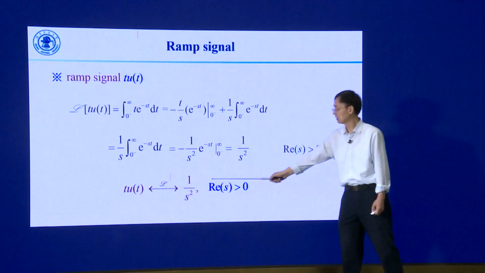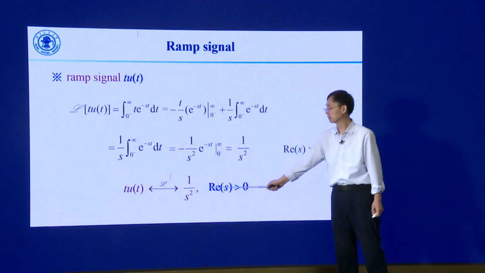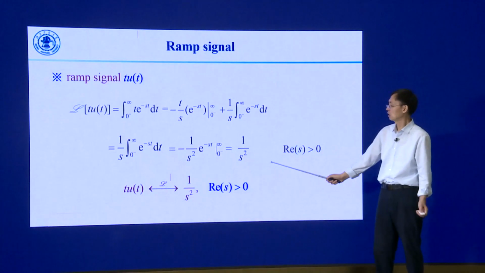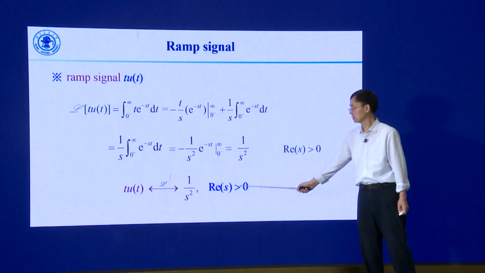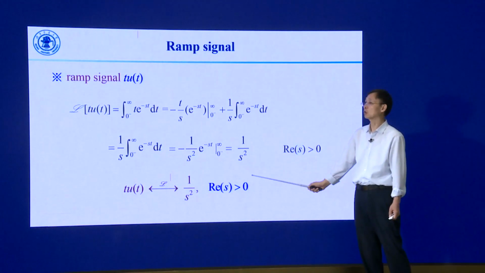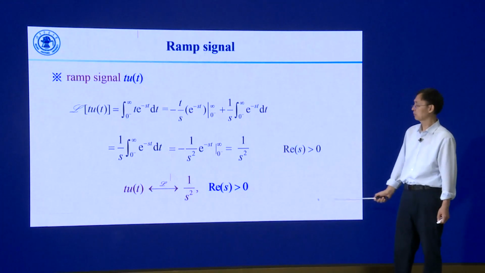This is the unilateral Laplace transform for the ramp signal, and its region of convergence is the real part of s greater than 0.